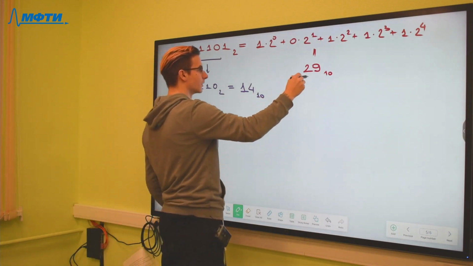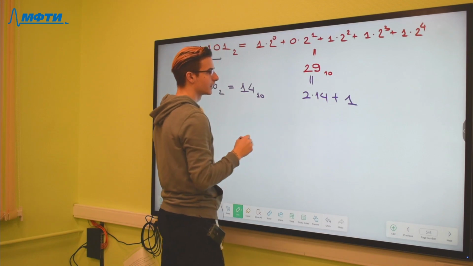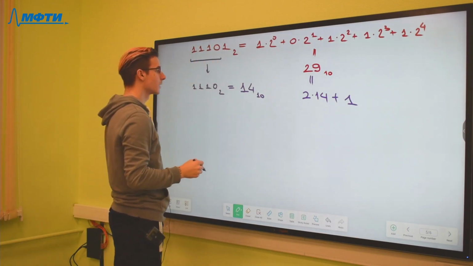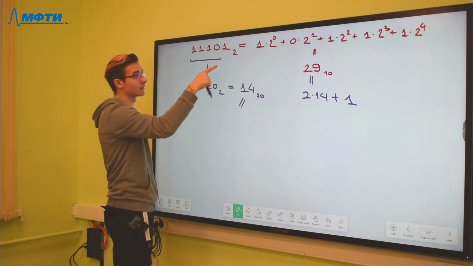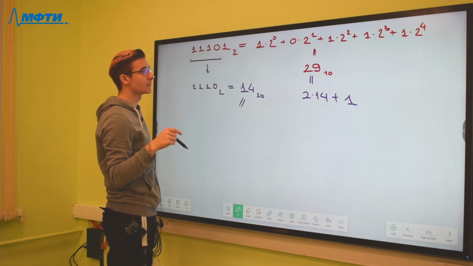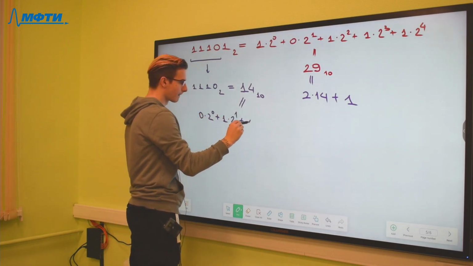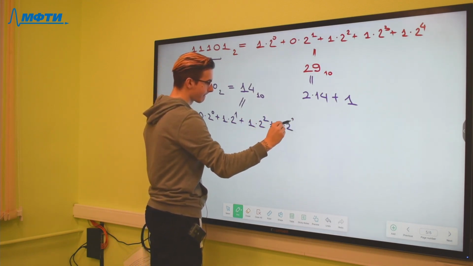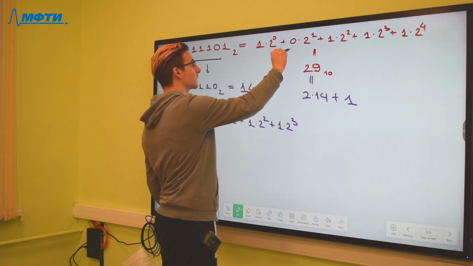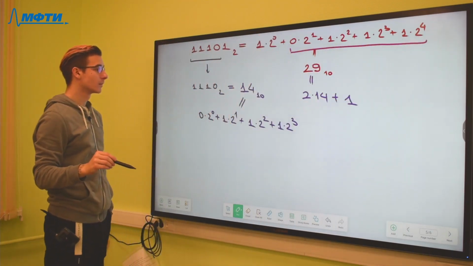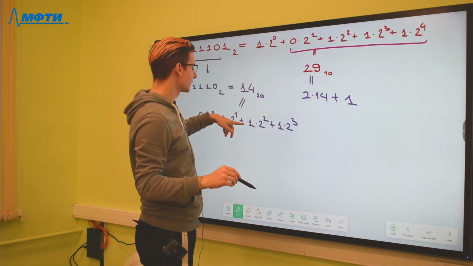And you can see that this number 29 is equal to twice 14 plus 1, because if we represent 14 as the sum of the pairwise multiplication of these numbers and 2 in some degrees, you see that it is the same, but the power of 2 is bigger by 1.